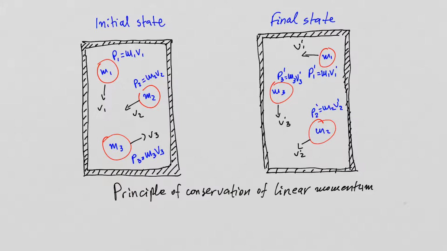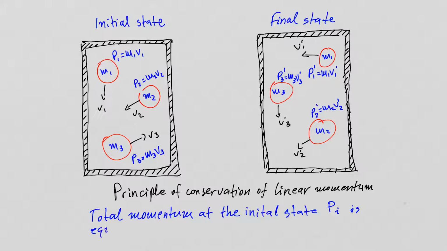So the total momentum at the initial state, let's call this one P sub I, is equal to the total momentum at the final state.